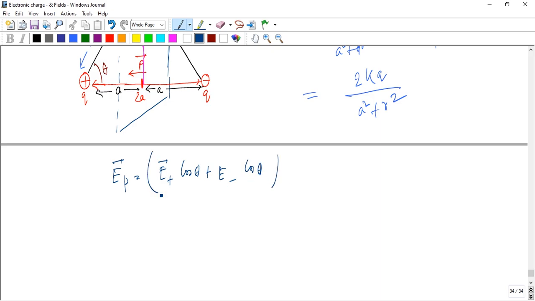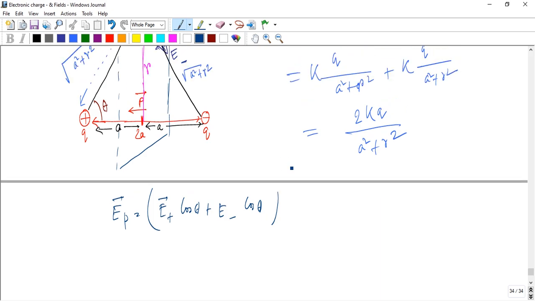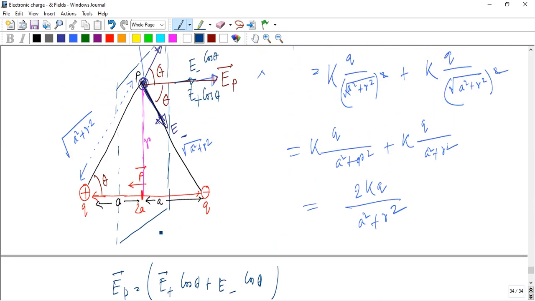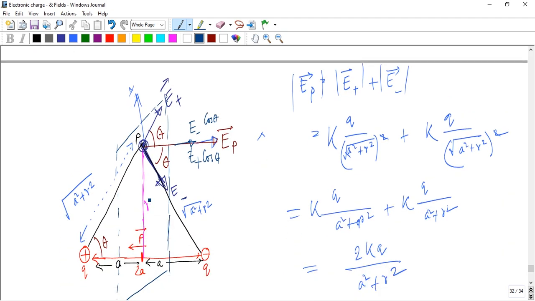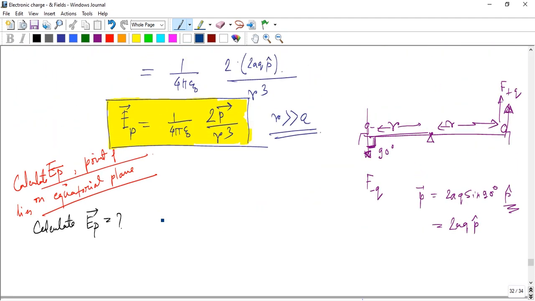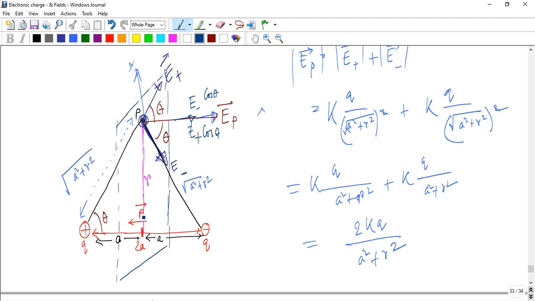They are not in the same direction as the P vector, the dipole moment vector. The dipole moment vector goes from negative charge to positive charge, and EP goes from positive charge to negative charge.